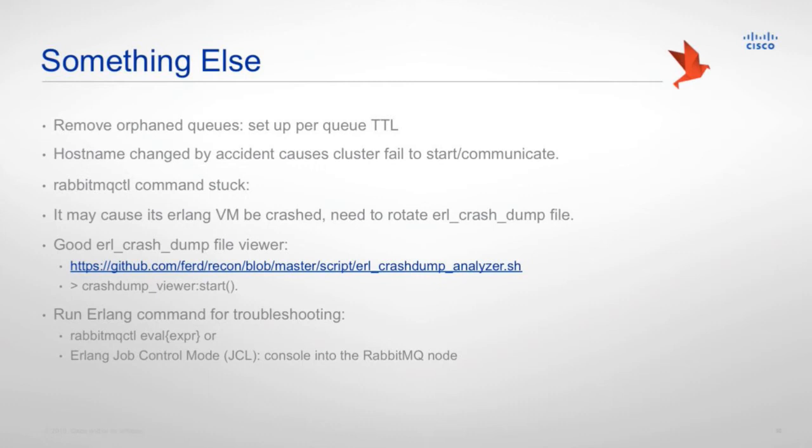But personally I prefer to use the same cookie as Rabbit uses, and then create another Erlang node. Then you press Control-G, and you can start the Erlang job control mode, called JCL. Then you can connect into that RabbitMQ server, and from there you can run whatever command you want. But probably only in the dev environment, don't try that in production.